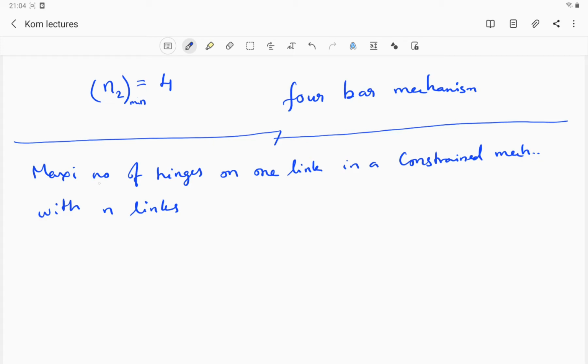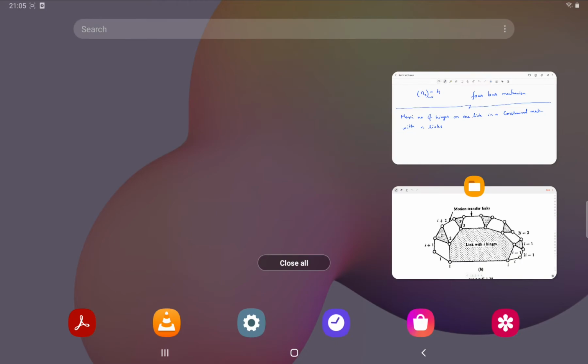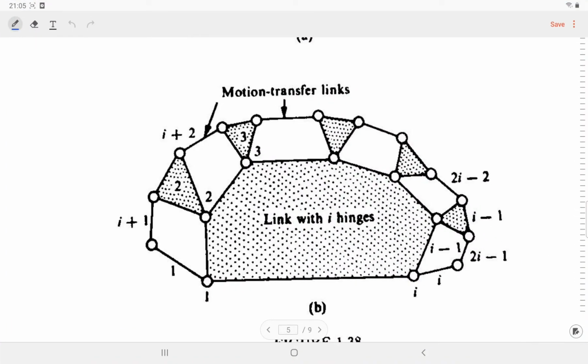That's the maximum number of hinges on a single link. So what we need to identify is, for a given n, what is i? In order to identify that, we are going to look at this mechanism.